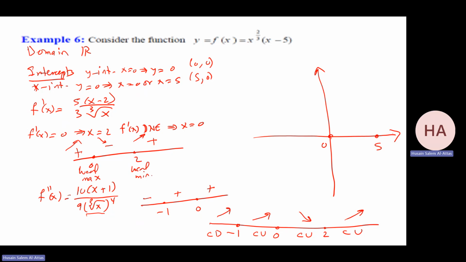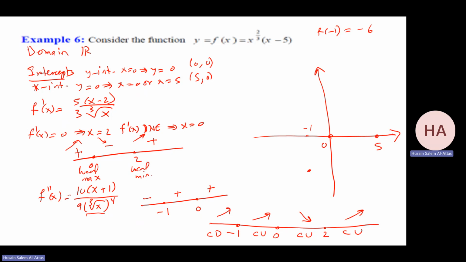Okay. Now let me check. Before minus 1, what will happen at minus 1? It will be f of minus 1, it's 6. So 6 or minus 6? That's minus 6, sorry. Minus 1. Give me a value here, minus 6.